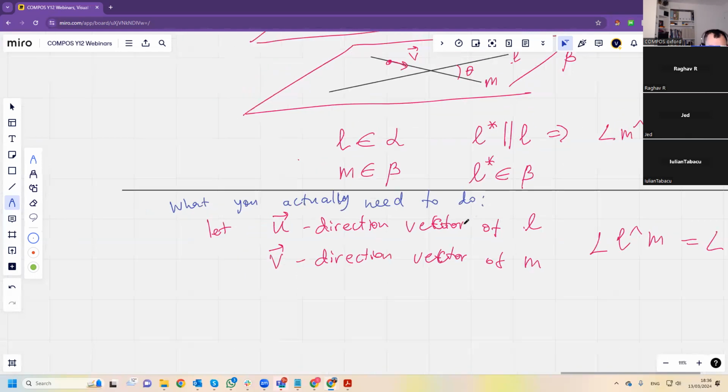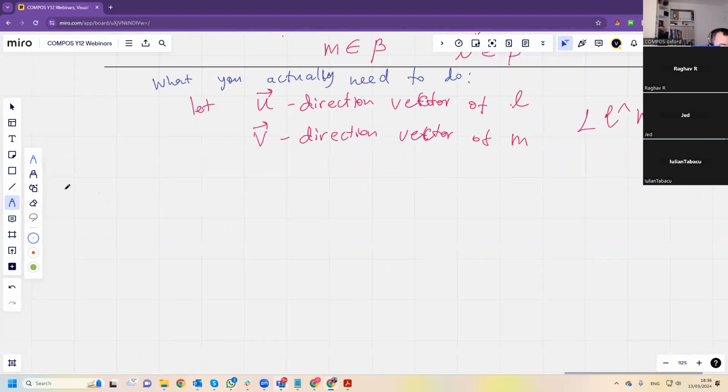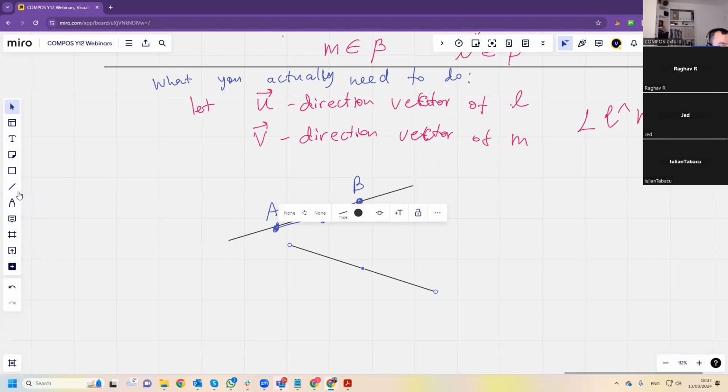If you're still confused, I'll make it even simpler for you. You take the first line, you find a point which is on that line and another point on that line. So A and B, and vector AB is your direction vector. You take the second line, you take any 2 points on that line, C and D, and this would be the direction vector of the second line.